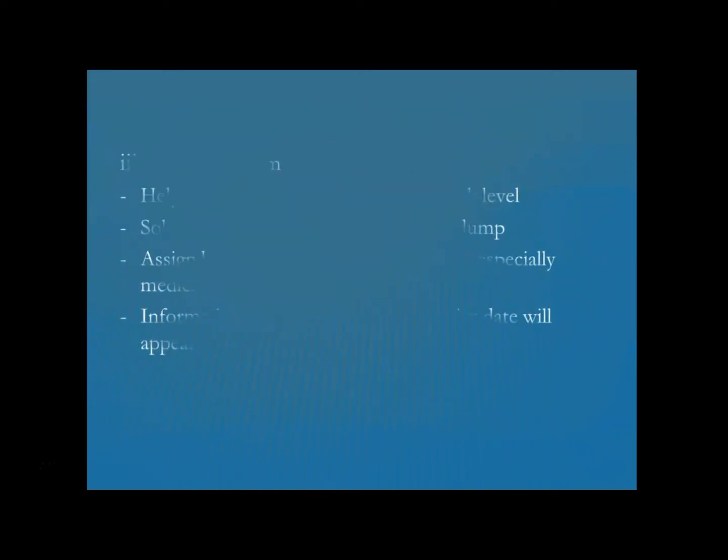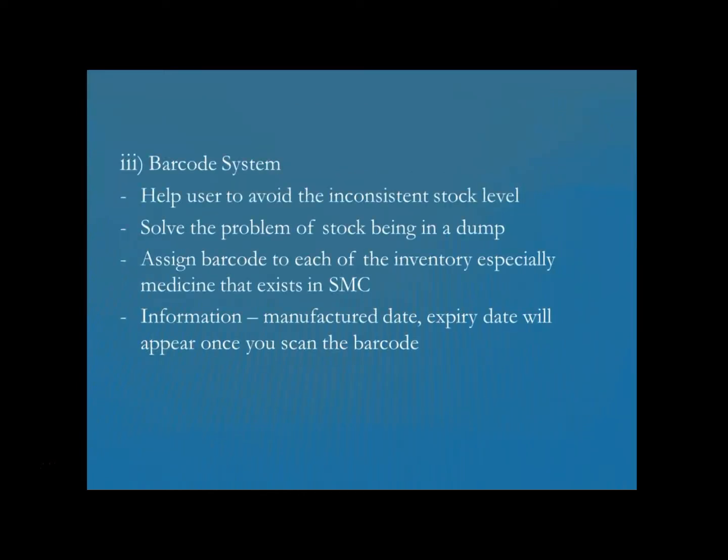And the last feature of our system is the barcode system. This barcode system will help the user avoid inconsistent stock levels and can solve the problem of stock being dumped. In this system, we will assign a barcode to each inventory item, especially for the medicine that exists in the SMC. Each item will have a different barcode, and there is also other information once we scan the barcode, which is the manufacturing date and the expiry date.